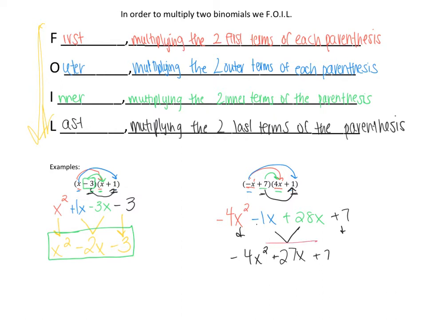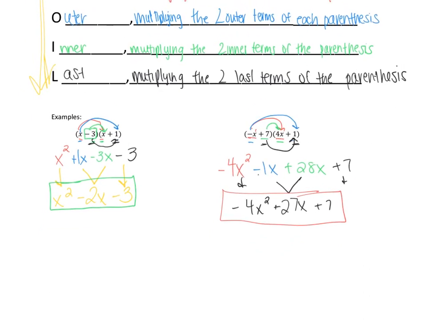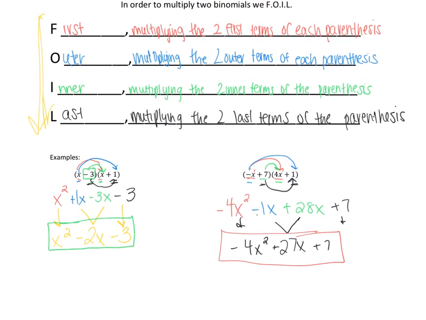And that is my answer. Okay? So all we're really doing is we're foiling, okay? We're multiplying, and then we're just combining our like terms. That's important. We can never just leave the problem looking like this, right? We have to combine like terms, okay? So that's one way to multiply binomials, is foiling.